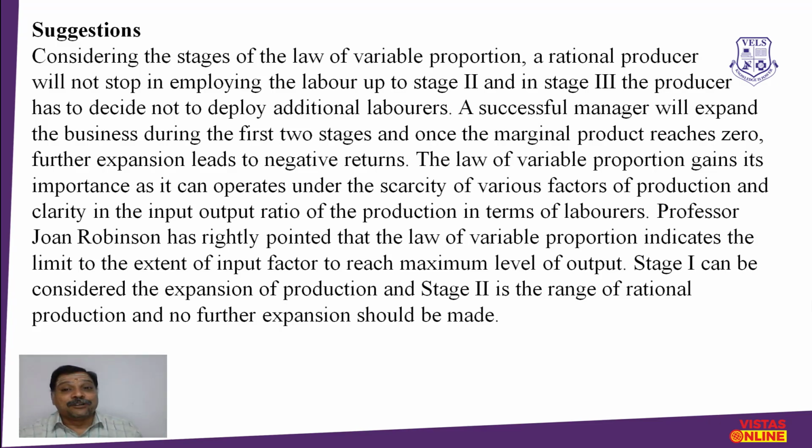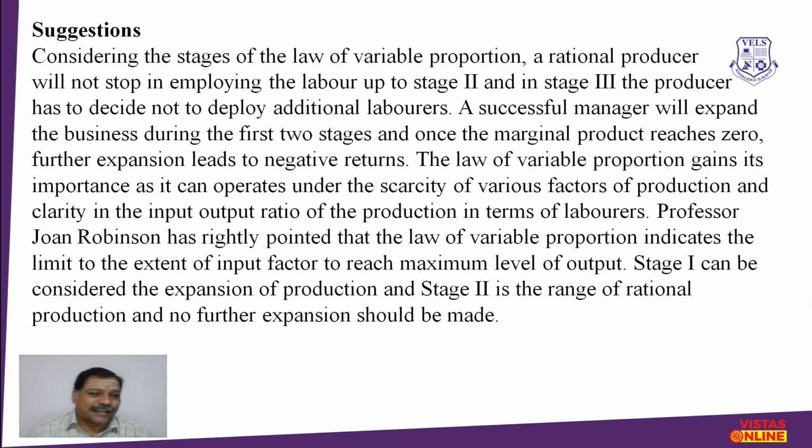The law of variable proportion gains its importance as it can operate under the scarcity of various factors of production and gives clarity in the input-output ratio of the production in terms of number of laborers. Professor Joan Robinson has rightly pointed out that the law of variable proportion indicates the limit to extend the input factor to reach the maximum level of output.